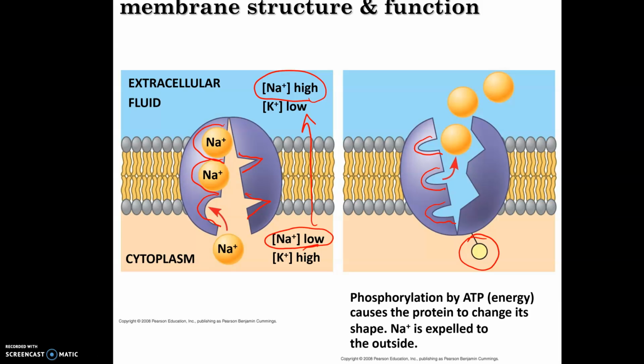and at this point on the left-hand side of the picture, there's no way that potassium could bind, because it needs a wider pyramid shape in order to accept that potassium. On the next page, we will see this is moving the sodium across from the cytoplasm to the extracellular fluid, where you have a higher concentration.